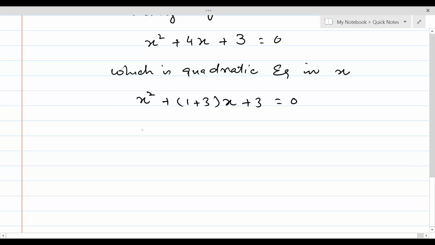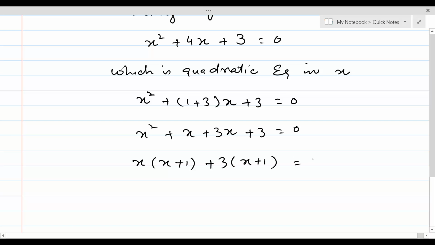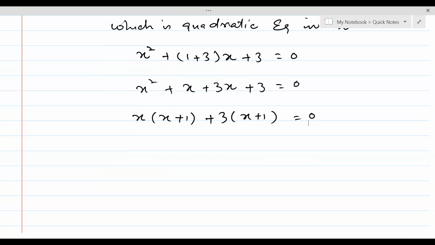So this means x square plus x plus 3x plus 3 equal to 0, and if we take x common, this gives us x times x plus 1 plus 3 times x plus 1 equal to 0.